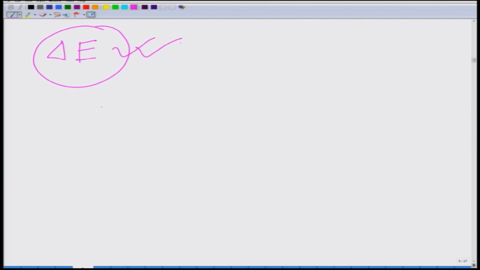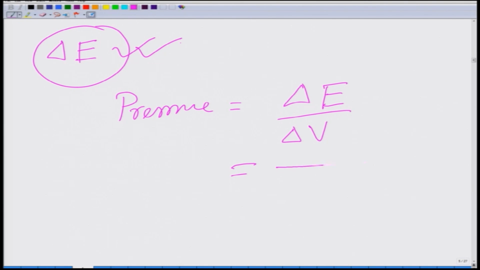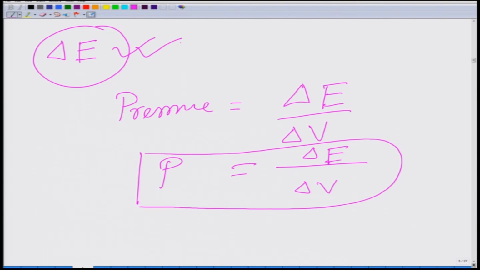Now you know that the electrostatic pressure is dE dV, delta E by delta V. So I know what my delta V is, I know what my delta E is, so I can find out the pressure using energy. Here energy I should write W, because E we have already used for the electric field. So let me write it as W, not E.